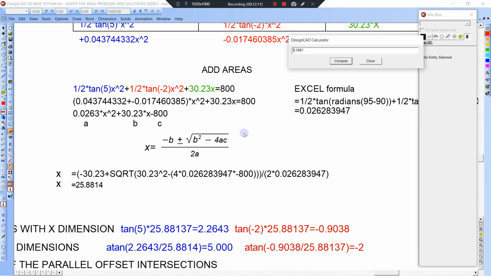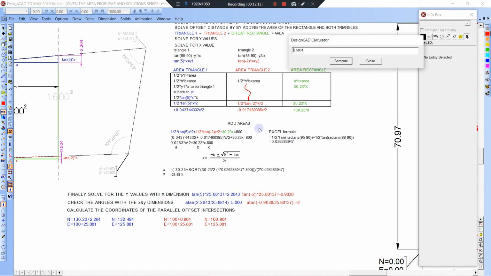That doesn't sound right. It seems awfully small. Control V. Let's see what I did wrong. 30.23 plus square root of 30.23 squared minus 4A times C, divided by 2A. That's why.